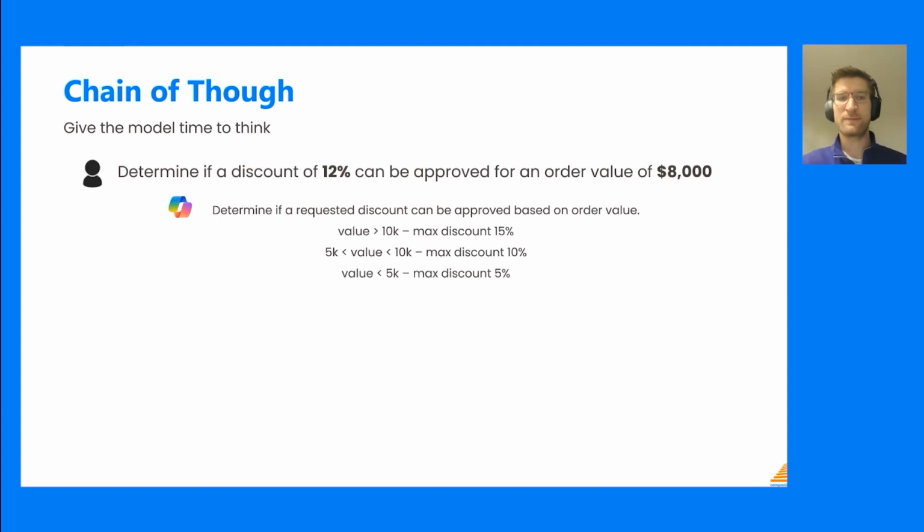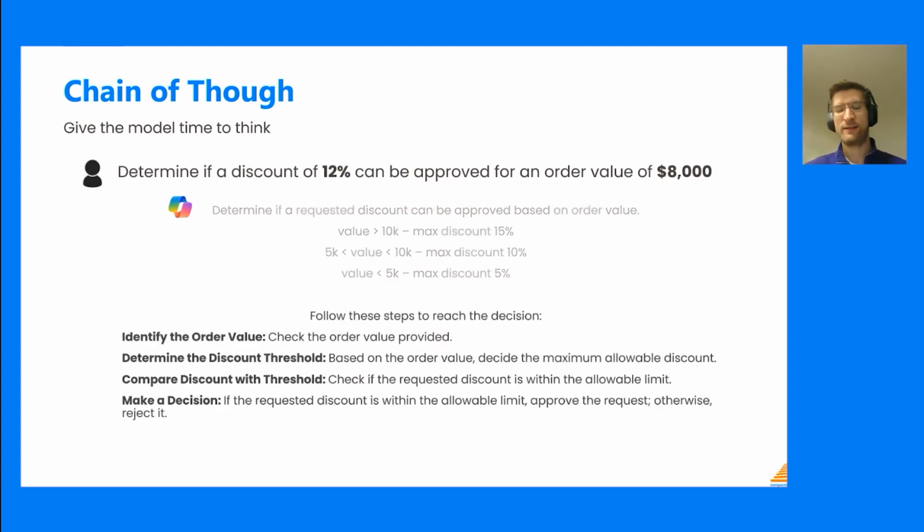And chain of thought, giving the model time to think, it means we don't only send the matrix to the model, we also give the model steps of how it should think through the problem. And think, you know, in air quotes, because we saw a moment ago that the model doesn't actually think. It just predicts the next word.